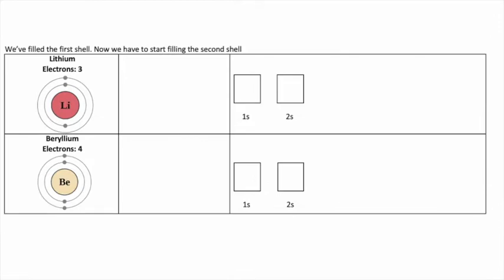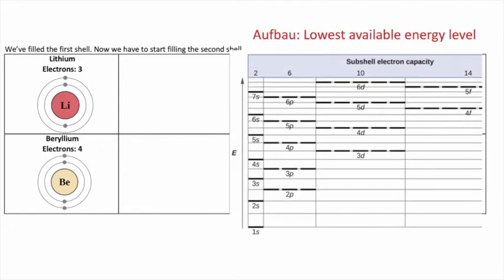Now, let's go to the second row where we have lithium. Lithium has 3 electrons. We've already filled up our 1s orbital, so we're going to have to go to the next highest energy one, which is going to be the 2s.